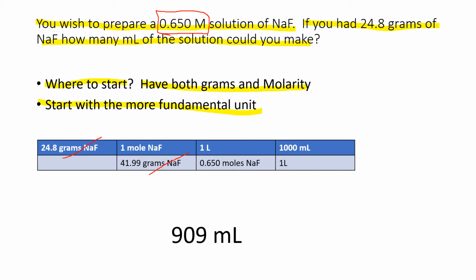That's our true statement. Now it's a matter of how do we arrange that to get to where we need to be. Well, I have moles of NaF already in the numerator, so I need to put the moles of the NaF in the denominator and leave the liters in the numerator. So moles of NaF in the numerator are going to cancel with moles of NaF in the denominator.